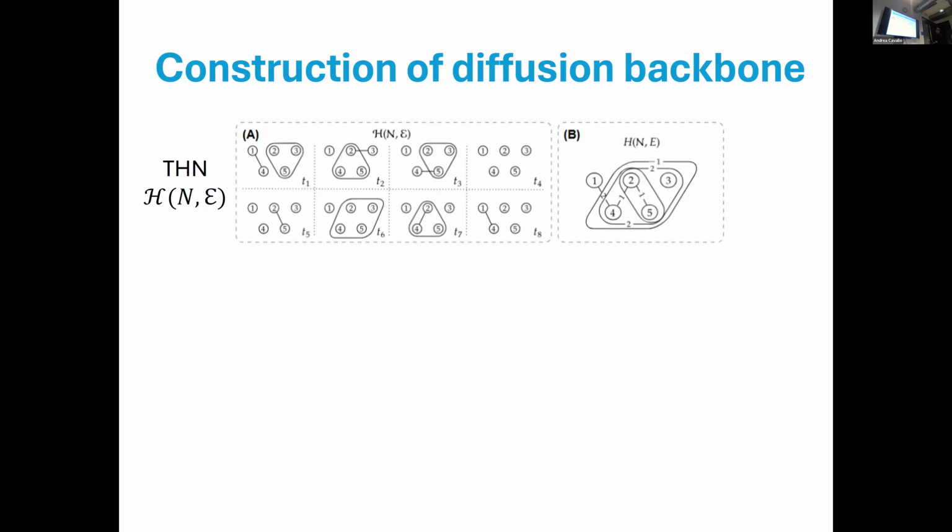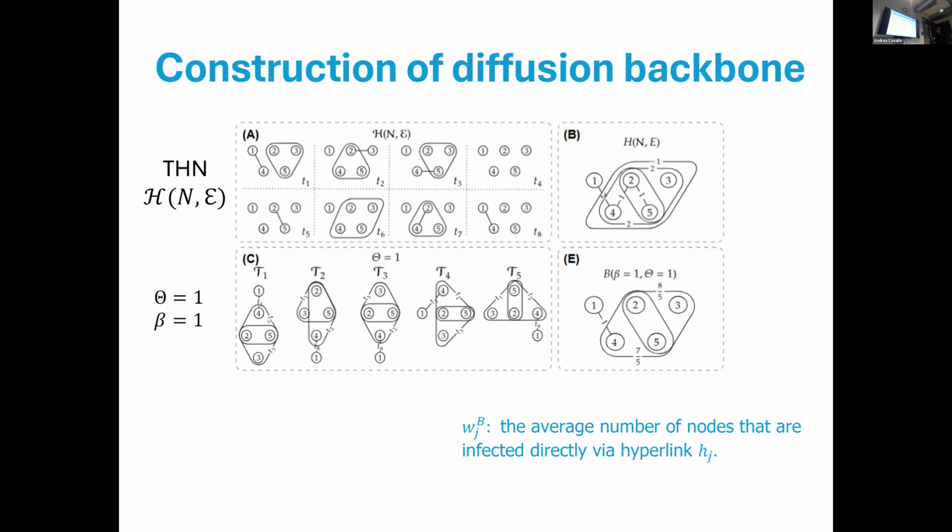In order to do so, we first encode the contribution of each hyperlink by a diffusion backbone. So what is a diffusion backbone? Let's look at the previous example of the temporal high-order network. In the case of theta equal to 1 and beta equal to 1, we select each node in the network as a seed node.